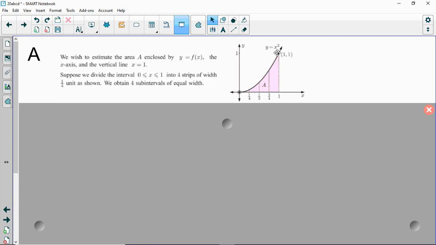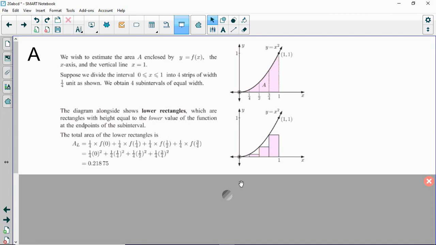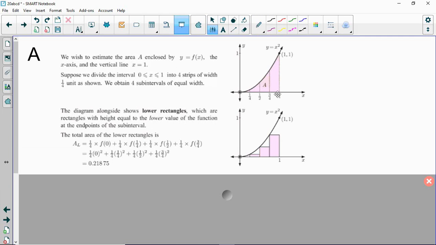Okay, so we're going to approximate with rectangles, but there's actually many ways that we could approximate it with rectangles. For example, here we have lower rectangles. These are rectangles which are always connecting to the curve at the lowest point on the interval. So in other words, if we look at the region here from 3/4 to 1, and we look up top, the area where the rectangle would be the lowest is here at the left end point.